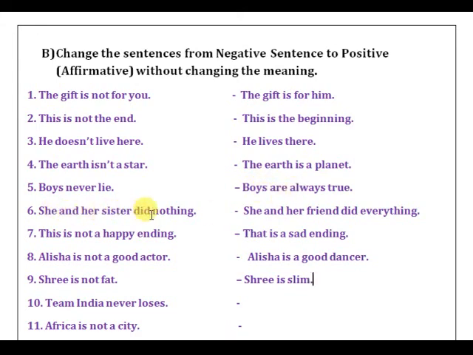"She and her sister did nothing." A very twisted and difficult one. "She and her friend did everything." Many of you would say, sir, why could we not write "She and her sister did everything"? But did it come to your mind that the main purpose of finding the negative is to change only the structure and not the meaning?